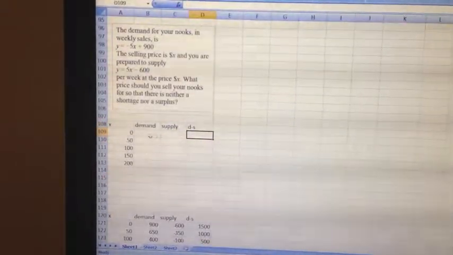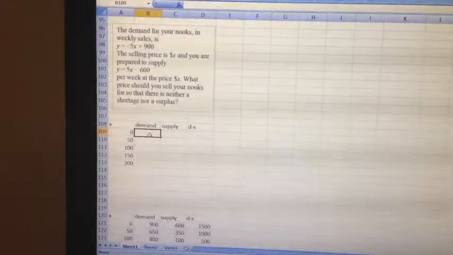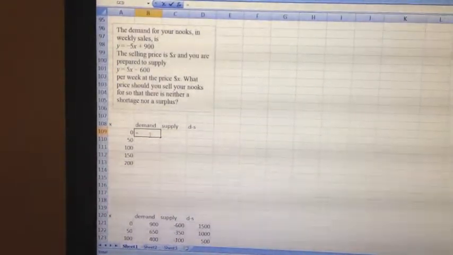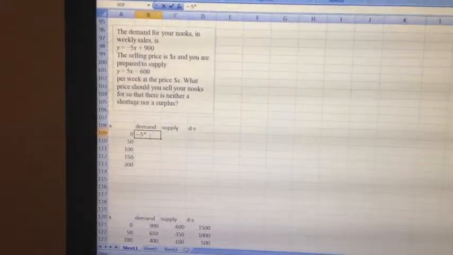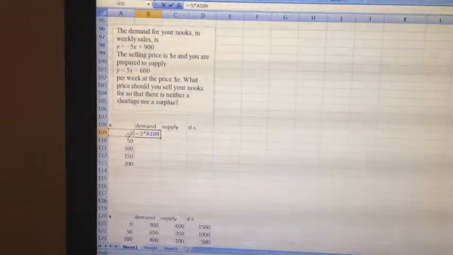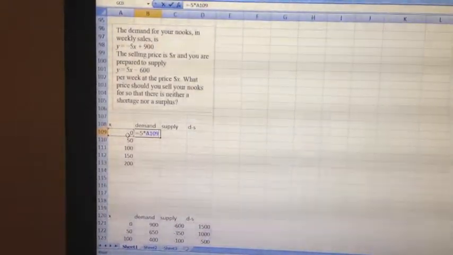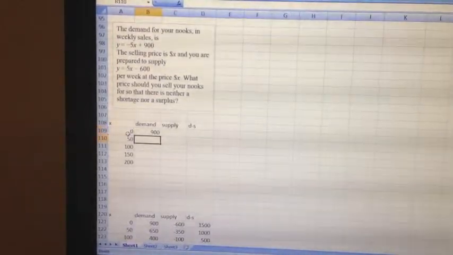So we're going to take the demand, to do this, we're going to say equal to, and then we're going to do negative 5 times, then we're going to do our X value, so we click on our X, and then we do plus 900, and we hit enter.